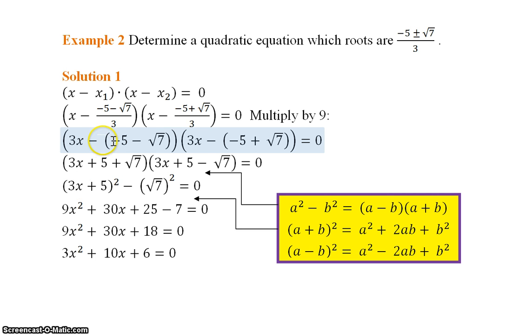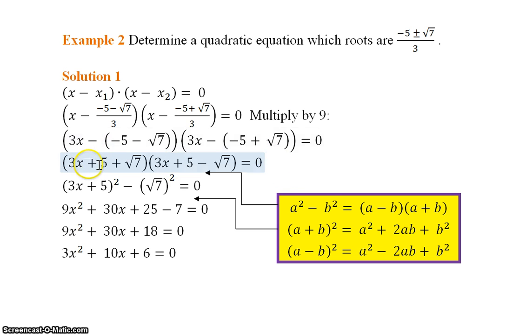Now we expand the internal brackets. Because in front of the brackets we have minuses, we switch the signs of each term of the binomial in brackets. So we get in this case plus 5 plus square root of 7, in this case plus 5 but minus square root of 7.